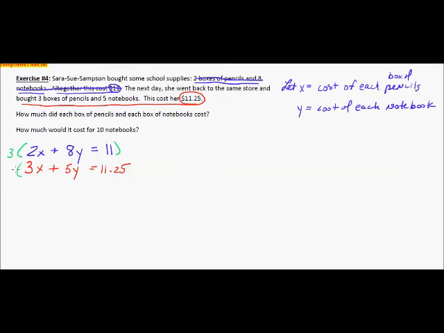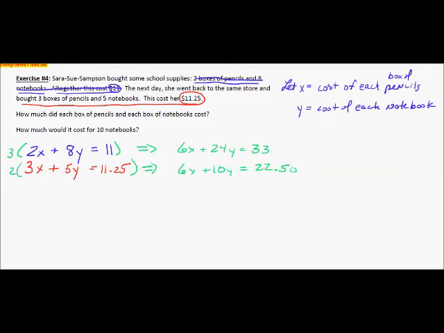And if I multiply the bottom one by 2, that would make this into a 6. So that's what I'm going to do. I'm going to change both of these equations so that I can eliminate the variable. So I distribute the 3, I get 6x plus 24y equals 33. I distribute the 2, I get 6x plus 10y equals 22.50.